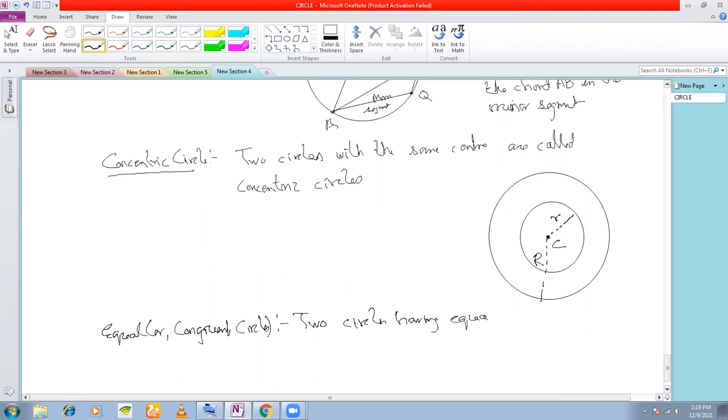Any two circles, if they have equal radii, you call them congruent or equal circles. So any two circles you take, you see that the radii are both equal to 5 centimeter. You say that they are congruent or equal. Fine. So I'll stop here.